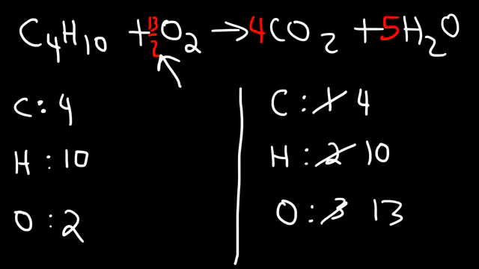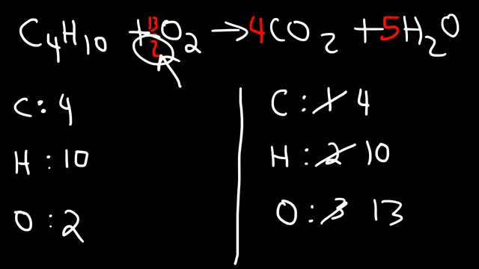Instead, you want whole numbers as your coefficients. And if you ever get to this point where you have 13 over 2, a fraction, or 6.5, a decimal, what you need to do is multiply by a certain number. In this case, whatever the denominator is, you want to multiply it to get rid of that fraction.